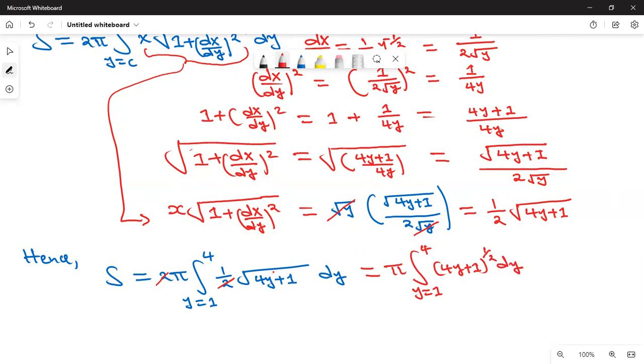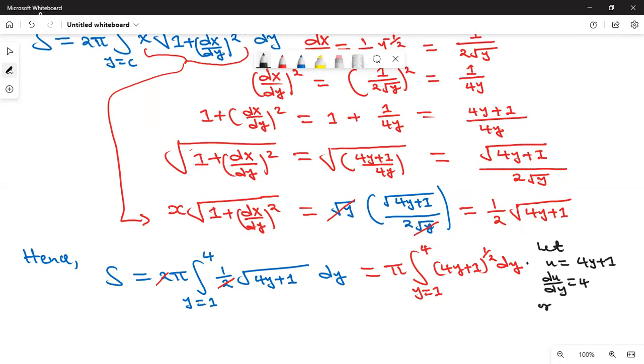So the task is, how do you evaluate that integral? So you are going to use the u substitution method. So you're going to say that let u be equal to 4y plus 1, so that du dy, because now we are differentiating with respect to y, should be 4.